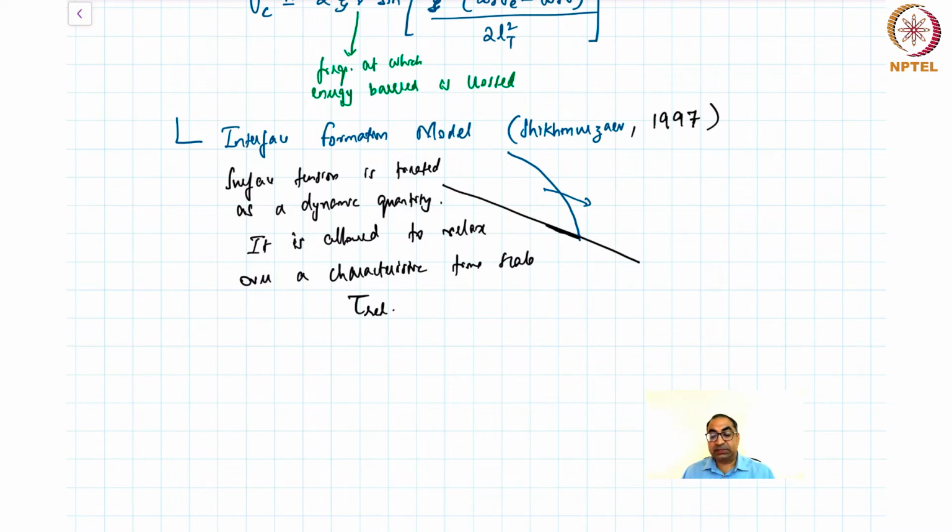But this takes a very different approach: if you actually approach very close to the contact line, the surface tension itself cannot be treated as constant, but relaxes very rapidly towards its equilibrium value far away from the contact line. And in recent years, the model has had several successes in terms of experimental support.